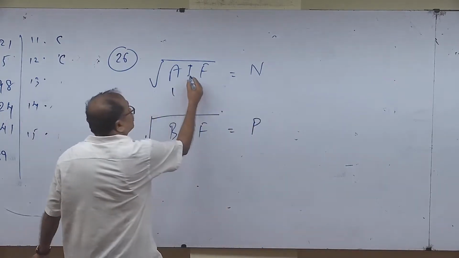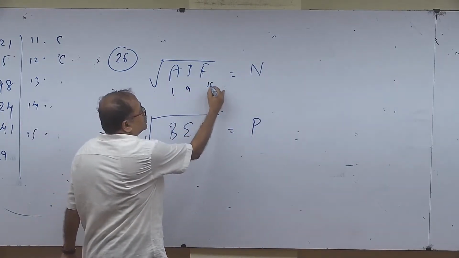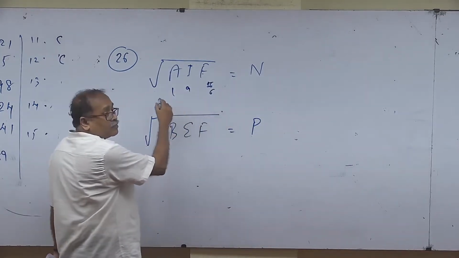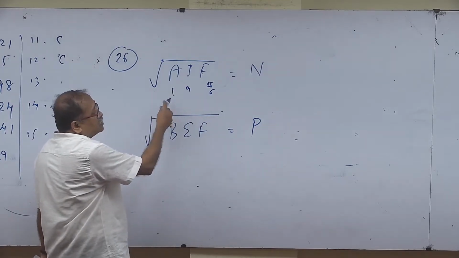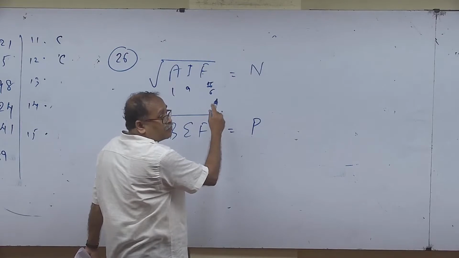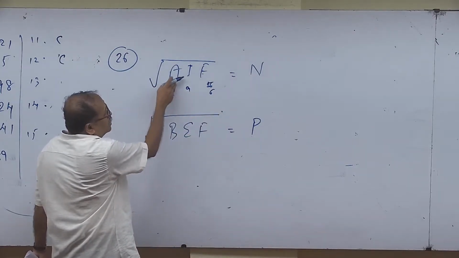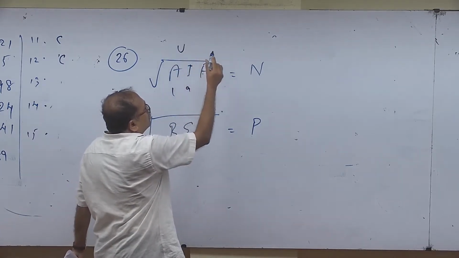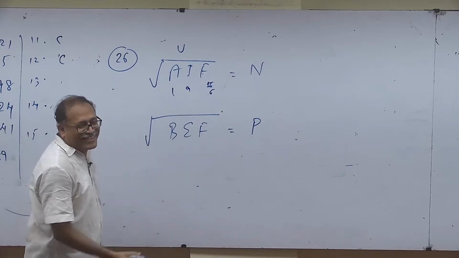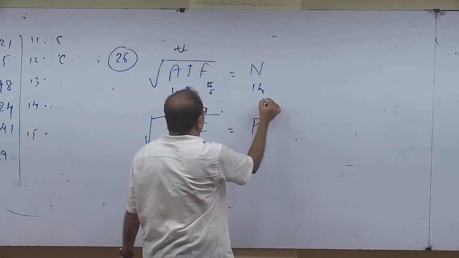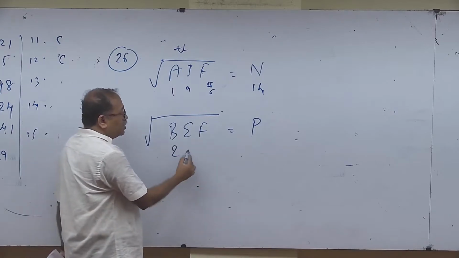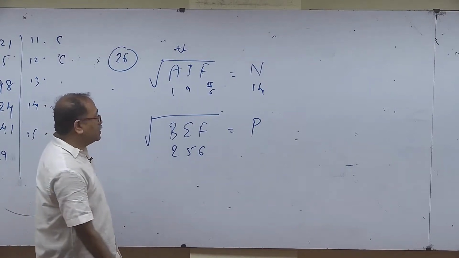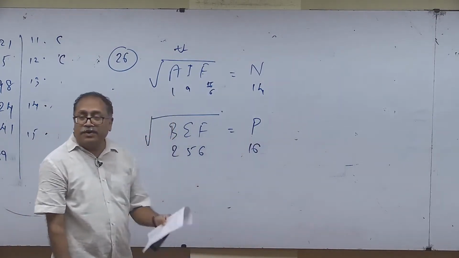This is 1, 9 and 6, so that means this is 196, and the square root of 196 is 14. Fine. So this is 2, 5 and 6, the square root of 256 is 16. Okay, that's right, and the 16th letter is P.